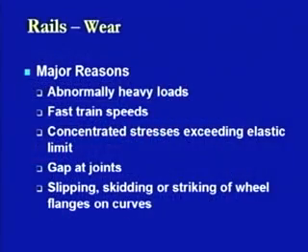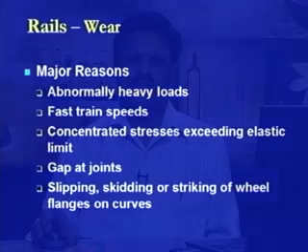Another reason which may contribute towards the wear is slipping, skidding or striking of wheel flanges on the curves. In the case of the curves, there is an oscillating effect which will get induced because of the rigidity of the wheel base. Because of this rigidity of the wheel base, the forward axle or the backward or trailing axle are not following the same path as being provided by the curve.